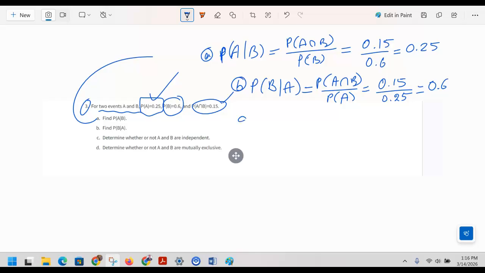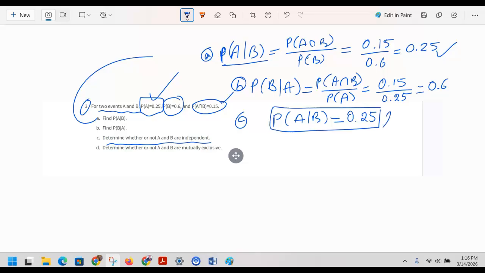The next question, C, asks are they independent or not? Let's check this. Probability of A when B occurred is already this answer, 0.25. And if you see from here, probability of A is 0.25. They are both equal.